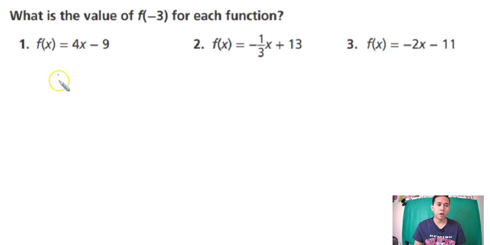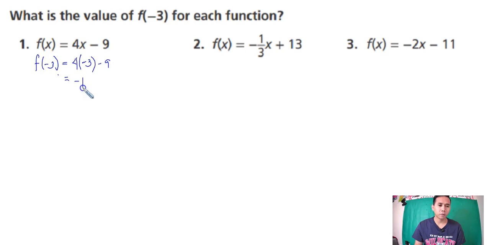We have f(x) equals 4x minus 9. As I have said, you have f(-3). Your x is negative 3, so f(-3) equals 4 times, and instead of x, we plug in negative 3, minus 9, and then you have to evaluate that.